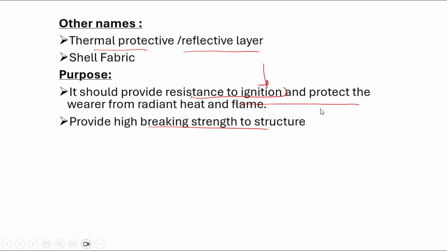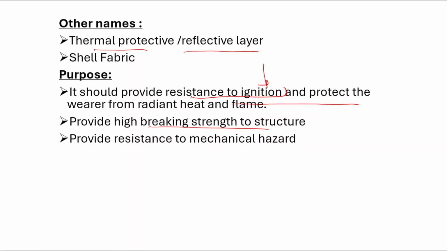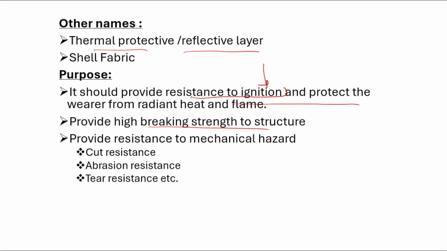If that outer layer fails, then the heat can easily penetrate inside. It should provide resistance to mechanical hazards like tearing and abrasion. This layer will face all the mechanical hazards and protect the inner layers and also the human body. It should be cut resistant, abrasion resistant, tear resistant.